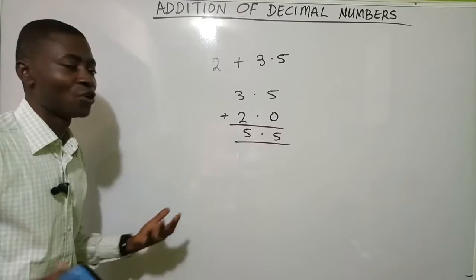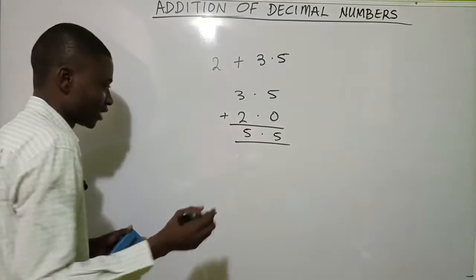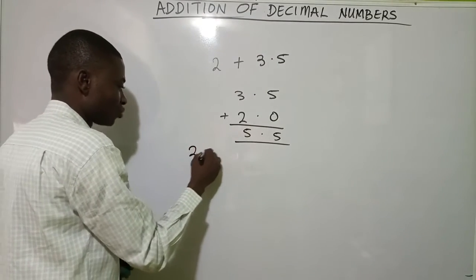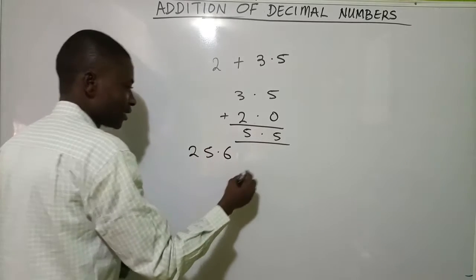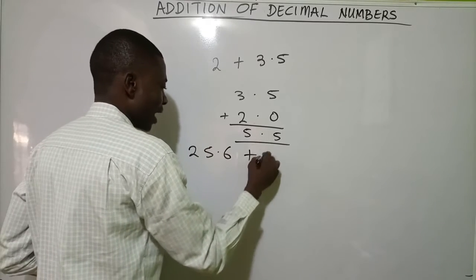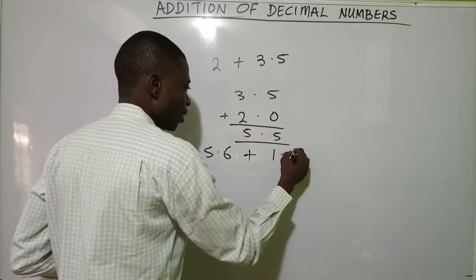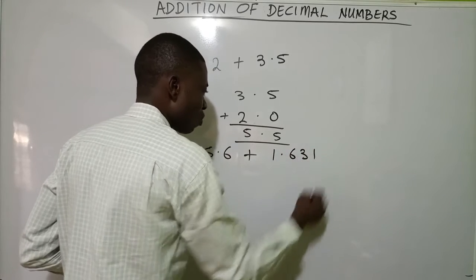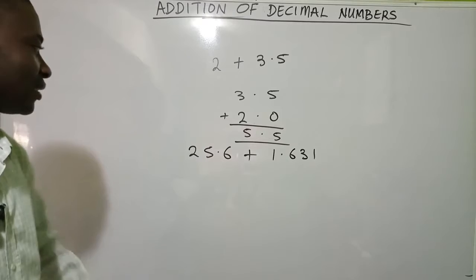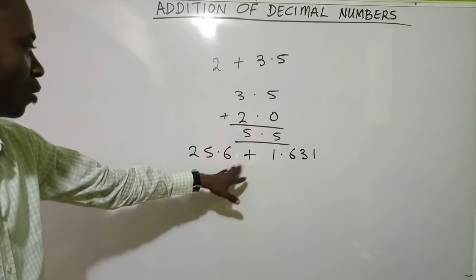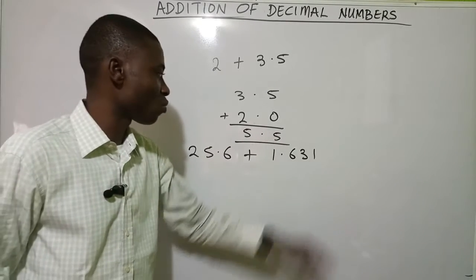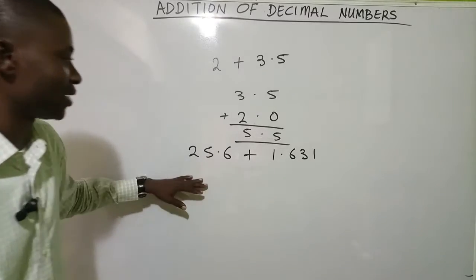Now imagine we have two decimal numbers together. For instance, we are asked to add, let's say, 25.6 and 1.631. Maybe we are having something like this: 25.6 plus 1.631. How do we add something like this?